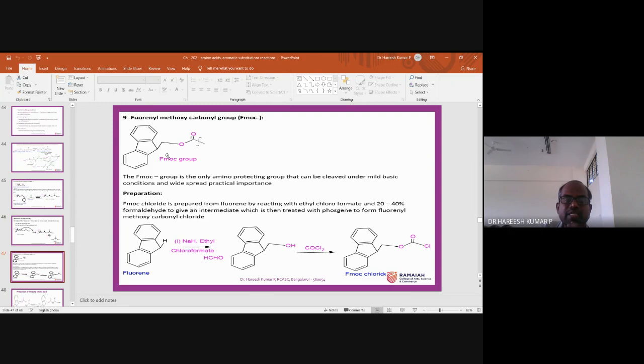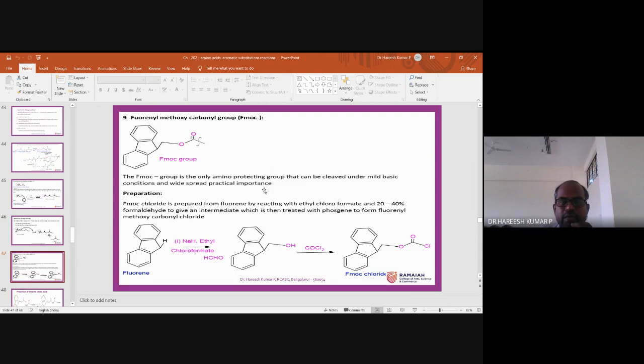When we are naming this, we will take it as a substituent, so we can call it fluorenylmethoxy. CH3O is called methoxy, and this CO is called carbonyl. So the fluorenylmethoxycarbonyl group is called the Fmoc group.